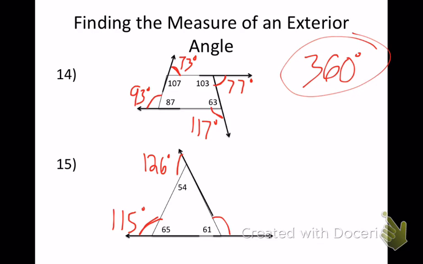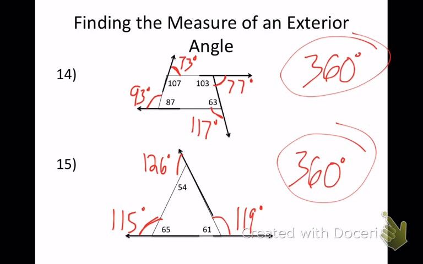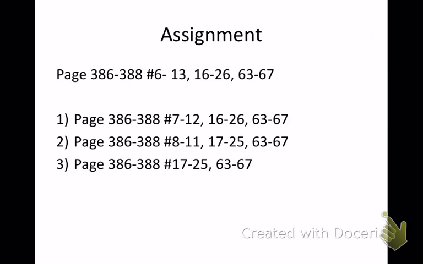Read, what's the next one? 119. If I add up all three of those angles, what do I get? 360 degrees. What are the exterior angles always going to add up to? 360 degrees. Kind of shows that. Nice job. Here's your assignment today.